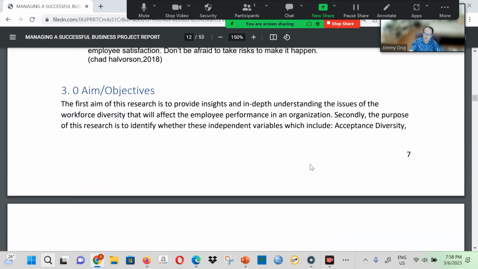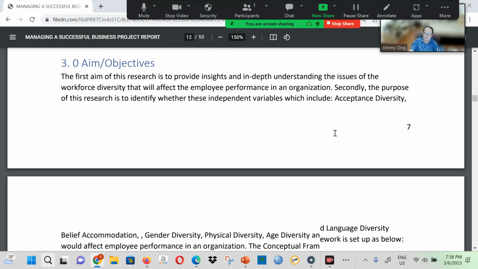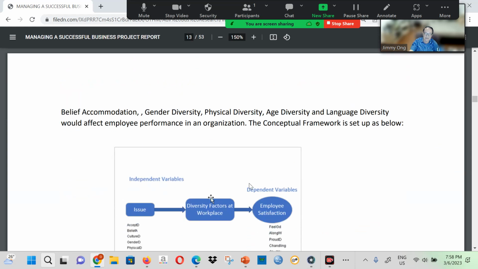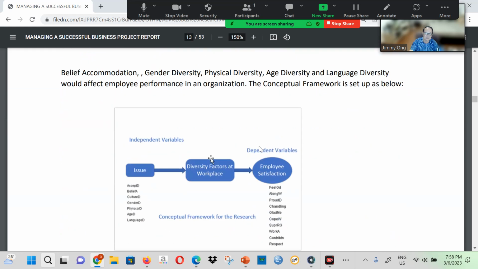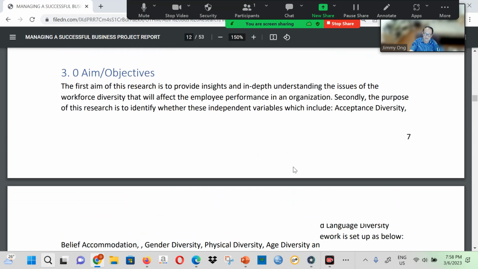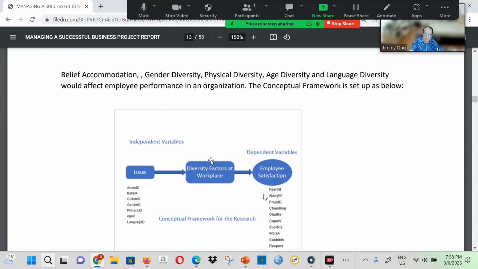The second objective is to identify whether this one is on this framework, right? And these are input. Of course, he could have said something more about it, but there are too many already. So he didn't say anything.